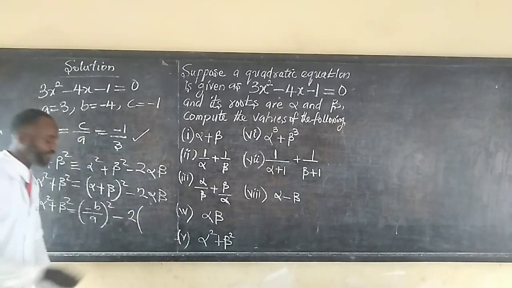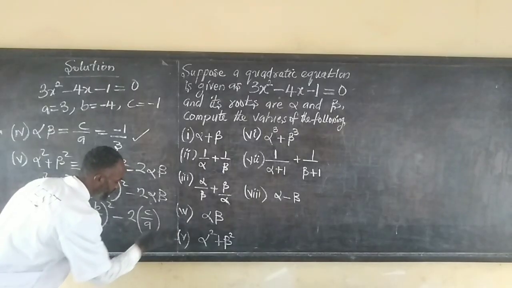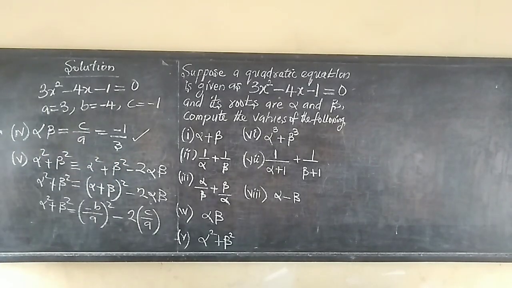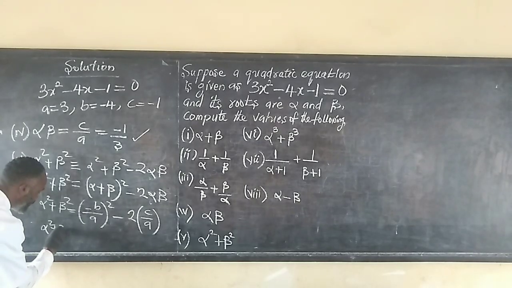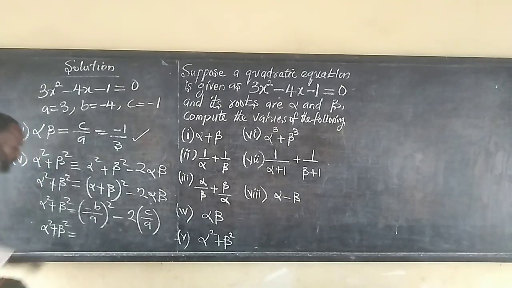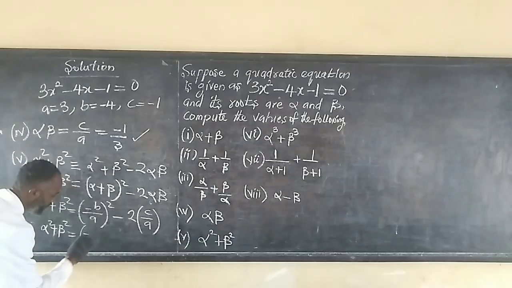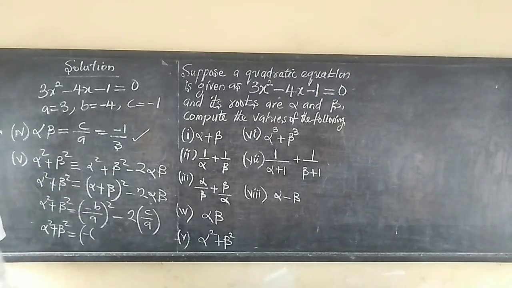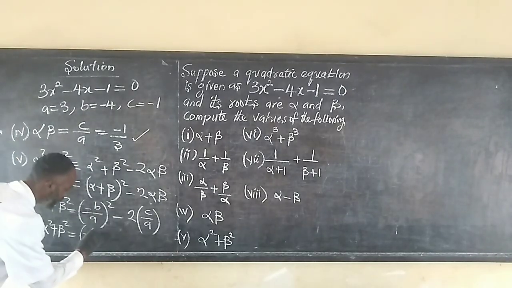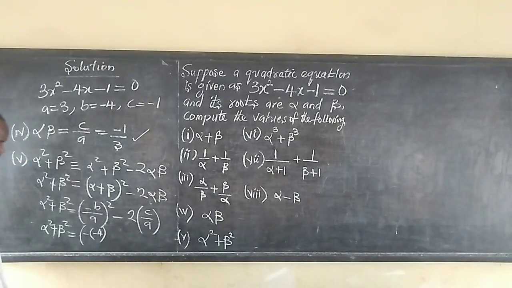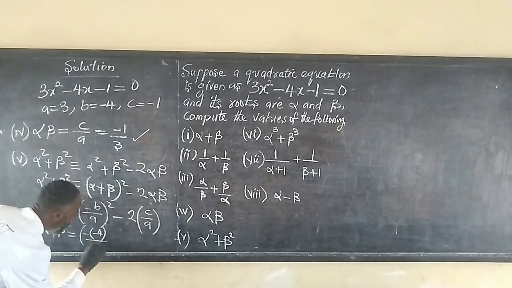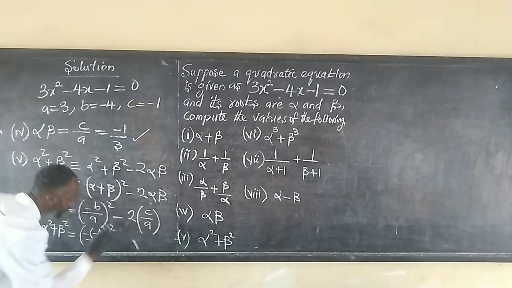Alpha beta is c all over a. That's it. Then we substitute. We maintain our flow in that order, and here we have minus, open bracket, minus 4, and then over a, that is 3, all over 3, close bracket, all squared.